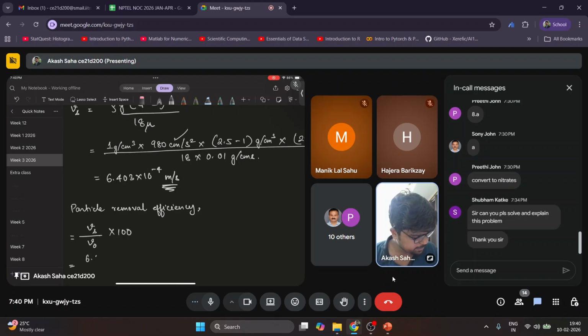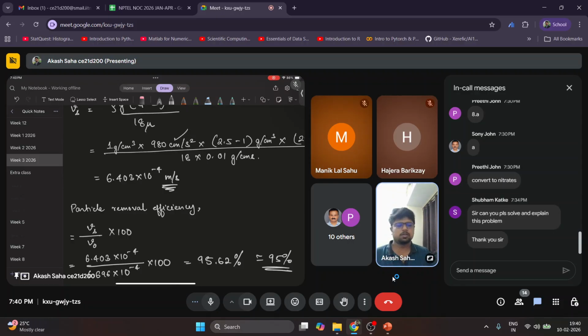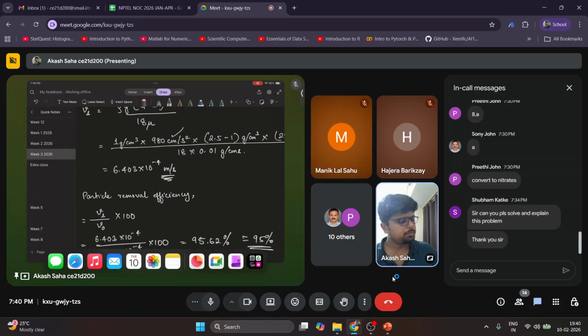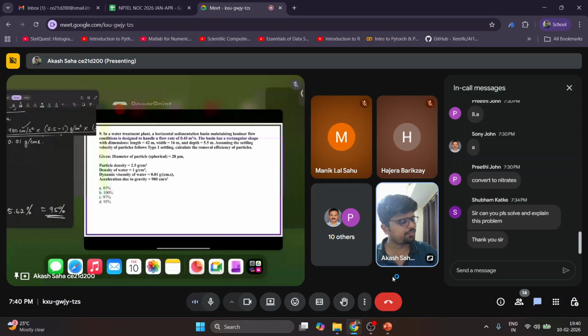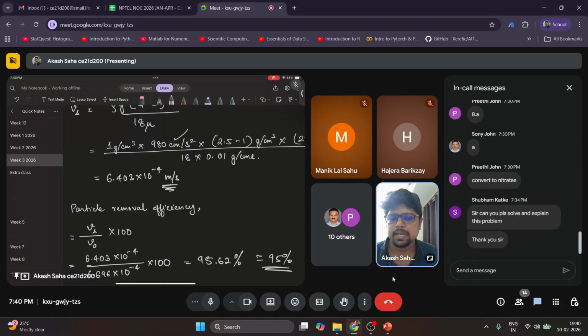That is 6.403 into 10 to the power minus 4 divided by 6.696 into 10 to the power minus 4, into 100. You will get approximately 95.62%, approximately 95%. If you see the options, we don't have 96%, we have 95%. So we will put it as 95%.